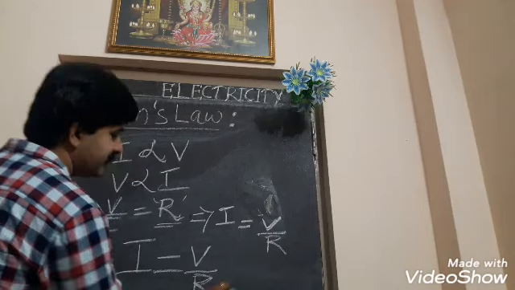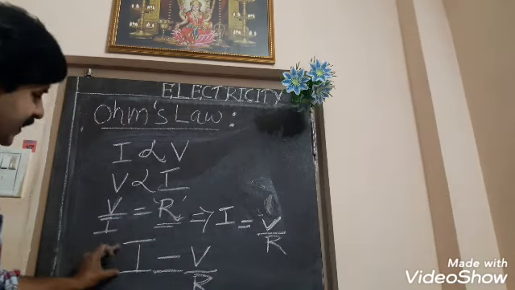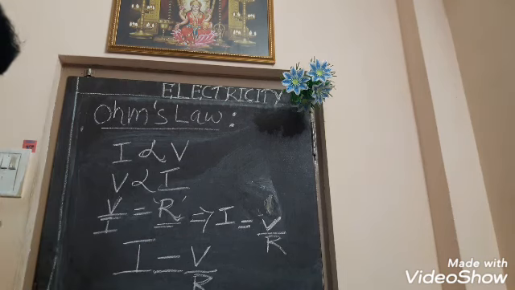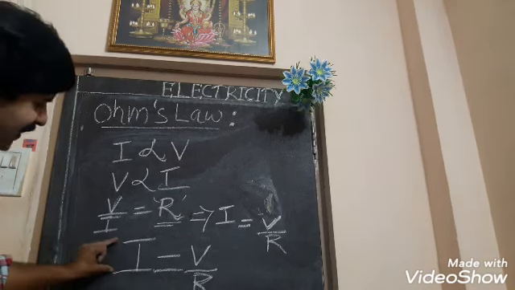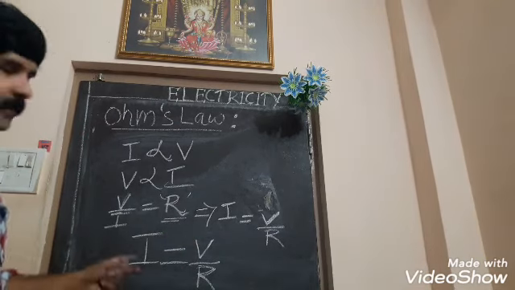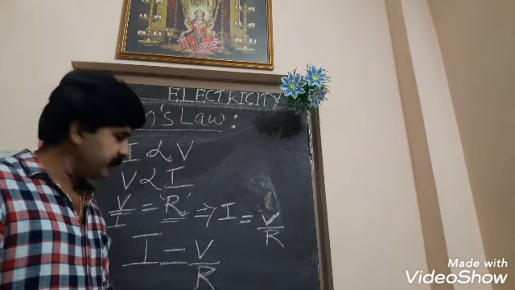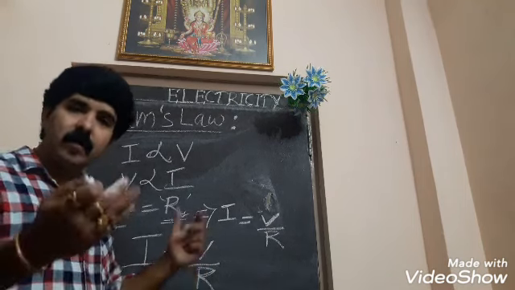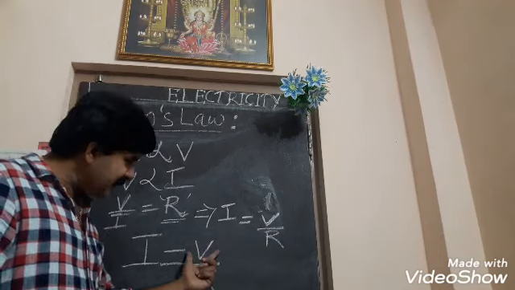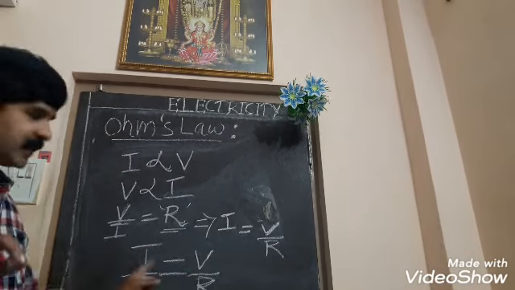What does it tell? I and V: if I increases, V increases. If I is doubled, V also gets doubled. If I is halved, I mean to say current is halved, then potential difference gets halved. If potential difference gets halved, current automatically gets halved. You know the relation.